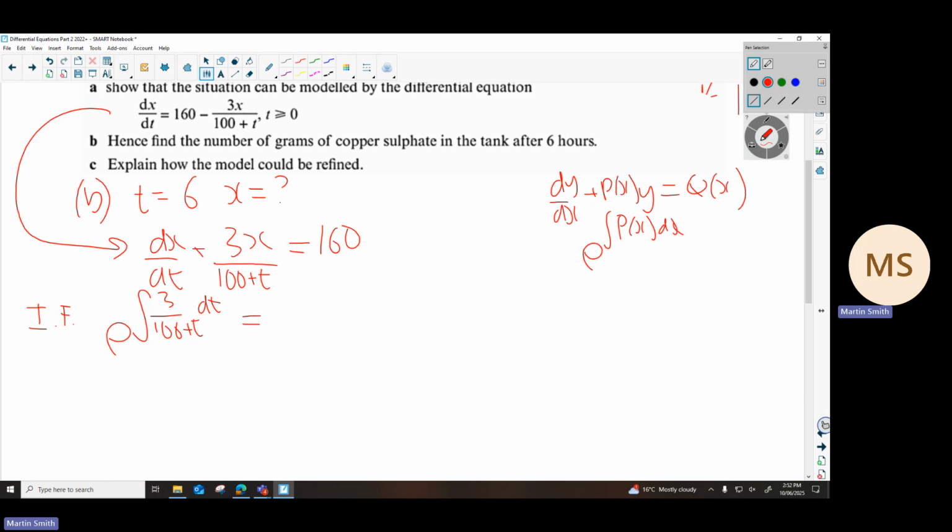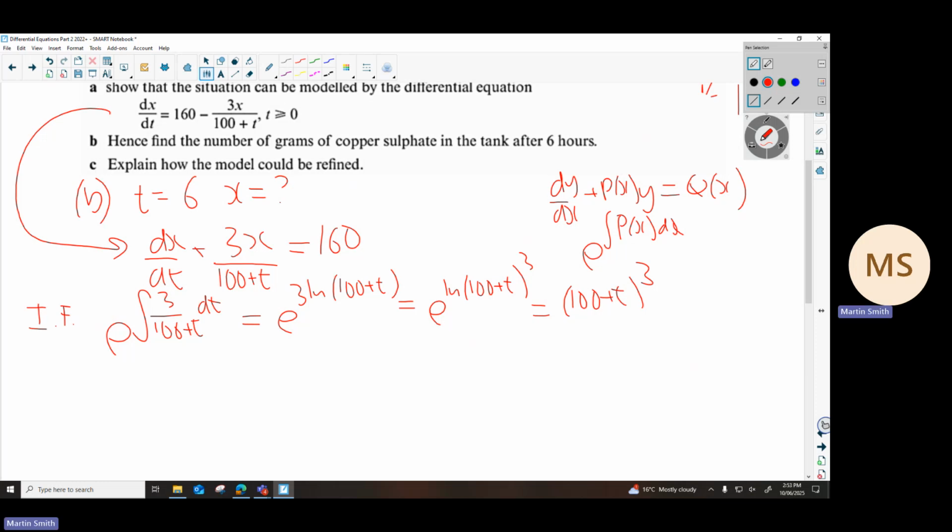And that's okay. That's 3 over a linear function. So you get an ln, you get e to the 3 ln of 100 plus t. You can bring the 3 in as a power. So e to the ln of 100 plus t cubed, which is therefore 100 plus t cubed.